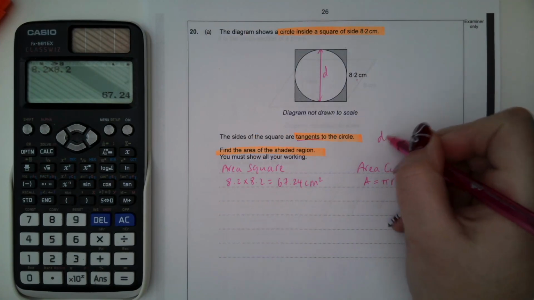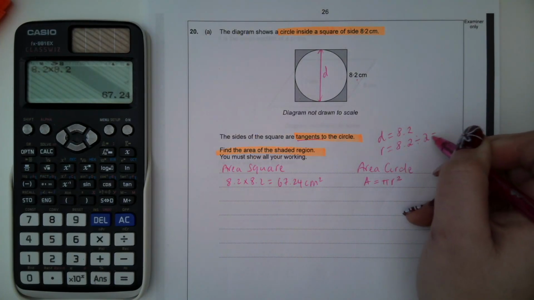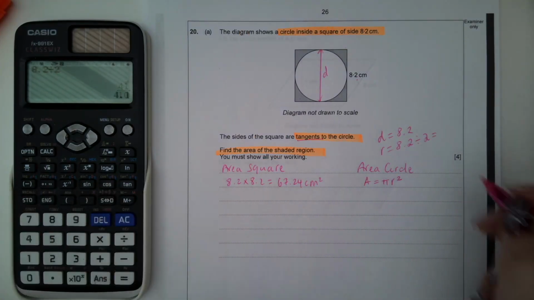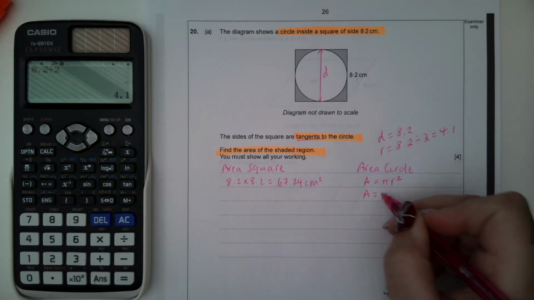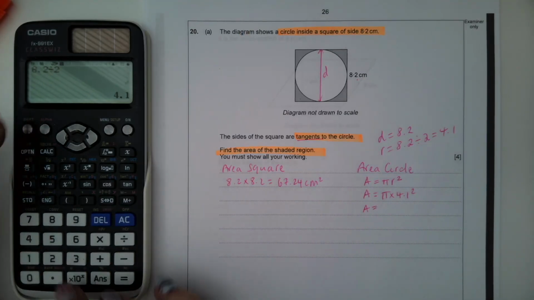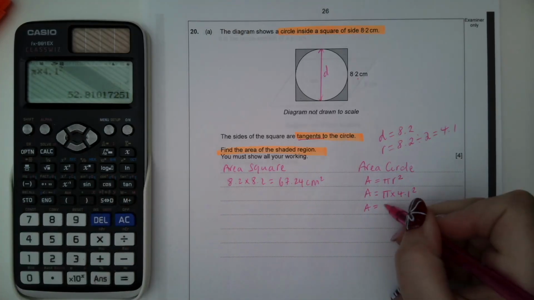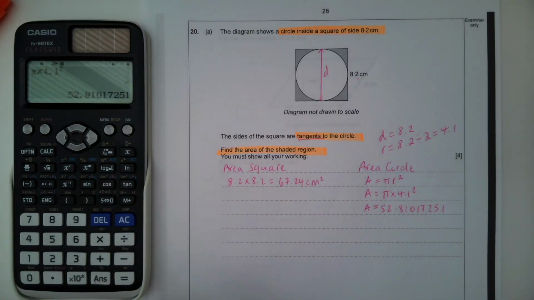So if the diameter equals 8.2, then the radius equals 8.2 divided by 2, which is 4.1. So the area of the circle is pi times 4.1 squared, which is 52.81017251. Don't clear your calculator at this point, so we don't have to enter all those digits back in again.